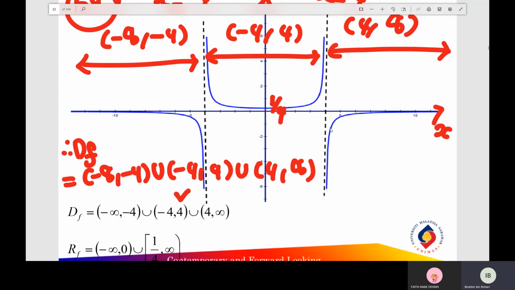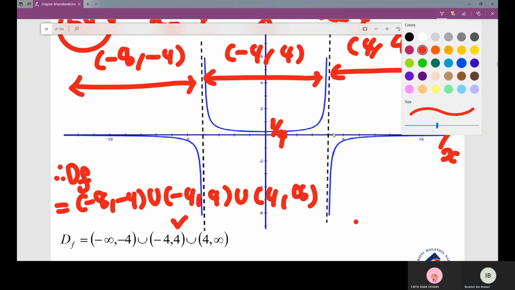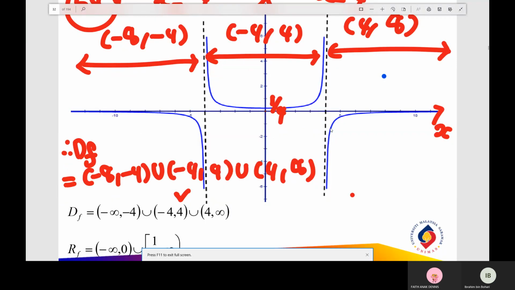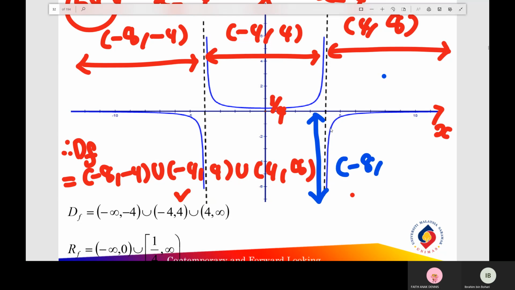Okay, and the range of the function, bottom up.